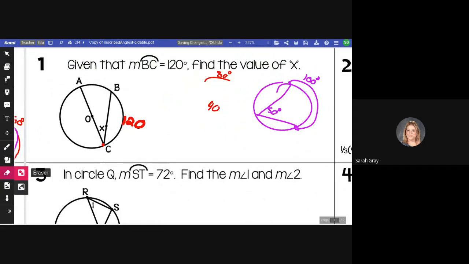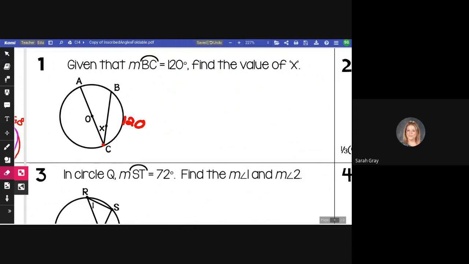So back to the real example. They said the measure of arc BC is 120, but we are trying to find the value of x. Well, angle x is related to arc AB. Why 60 back there, Carson? Good.